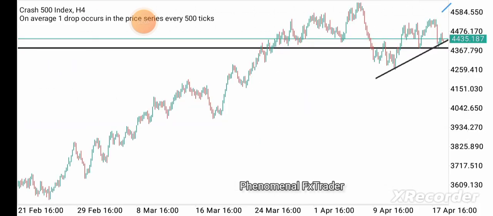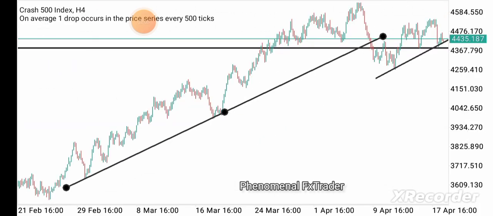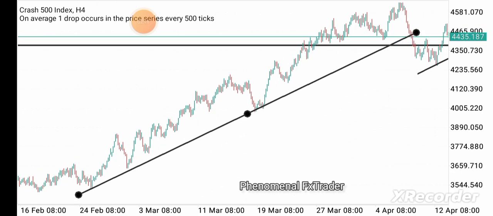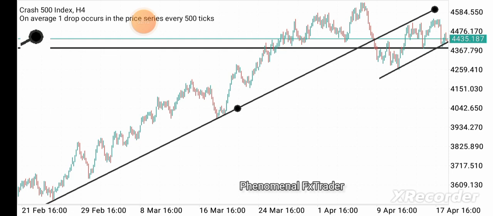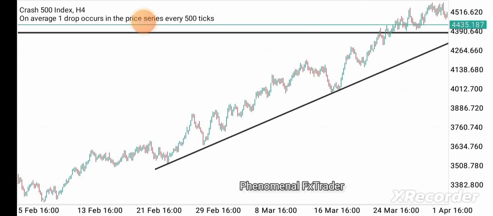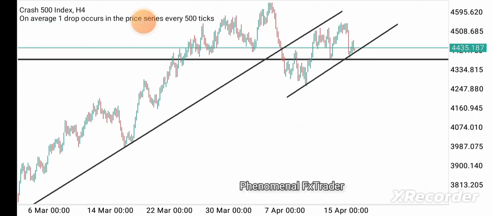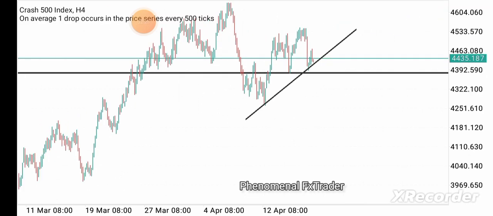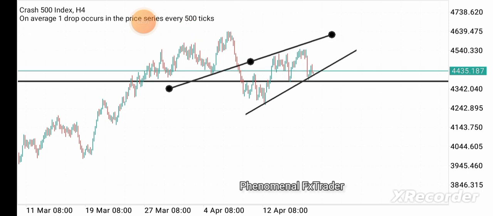But this one is not really necessary because the market has already broken out of this particular trend. So it's not really necessary that we concentrate on it. It's just to focus on the current structure that the market is forming, and that structure is the one we are seeing right here. There's a structure here, but I'm not sure how to put this trend line for now. Let me see. I think this is going to work.